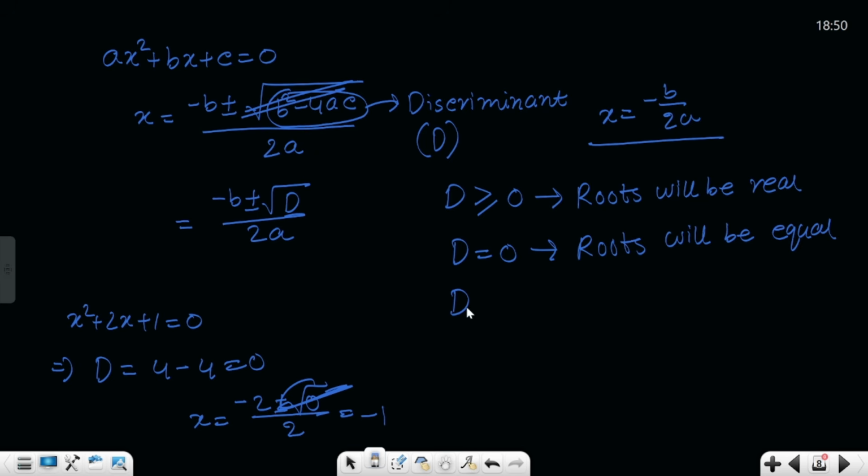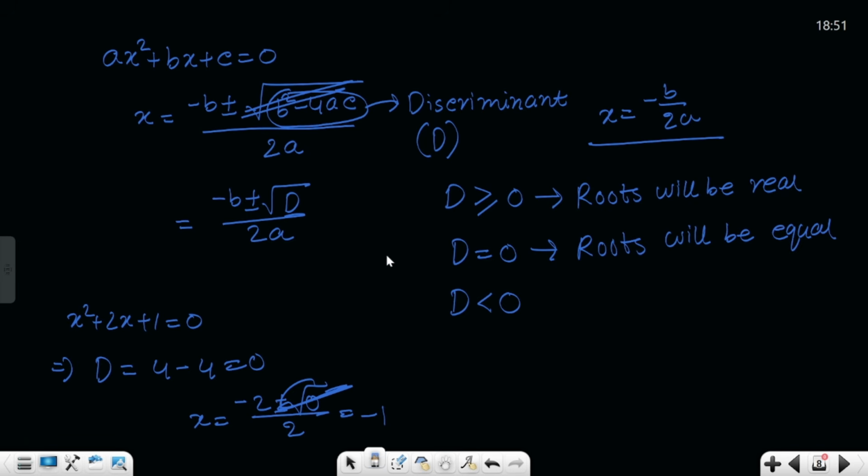Now, if d is less than 0, what will be the condition? If d is less than 0, then under the root there will be a negative number, and that does not exist in the real world. That will be a complex number, so the roots of that equation will be complex.